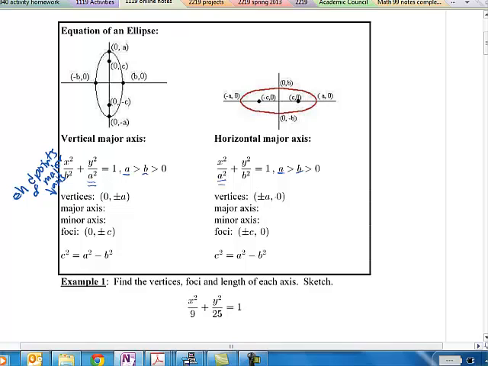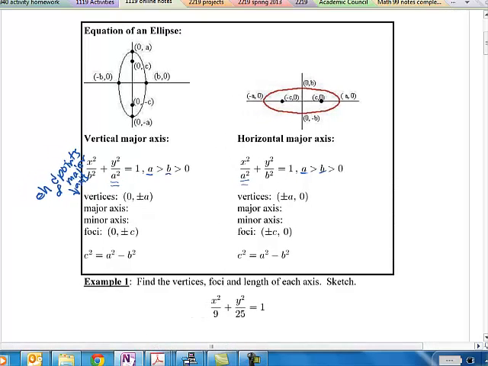Similarly, on the other side here, for the horizontal major axis, if y is 0, then we have x squared over a squared equals 1. So x would have to be positive or negative a. So we can see that that a value is connected to the location of the vertices, the endpoints of the major axis. The major axis for this one is vertical, along the y-axis, and the length would be 2a.